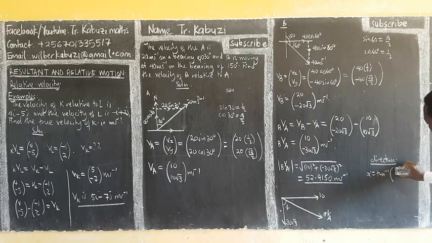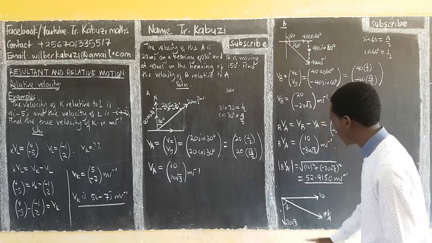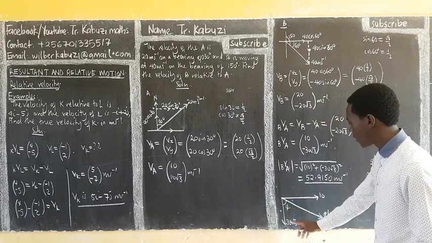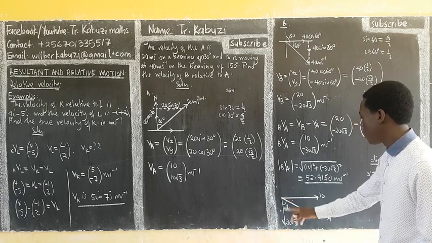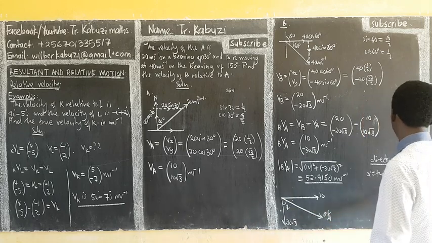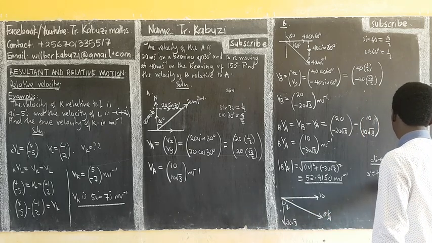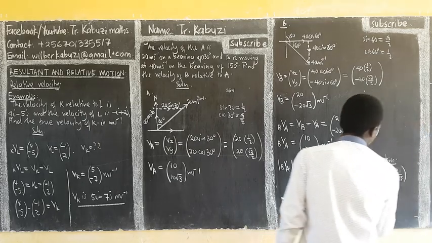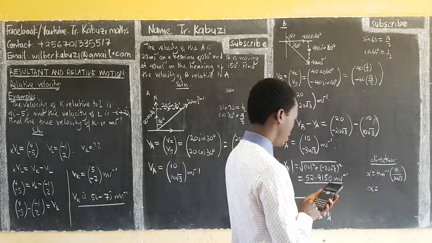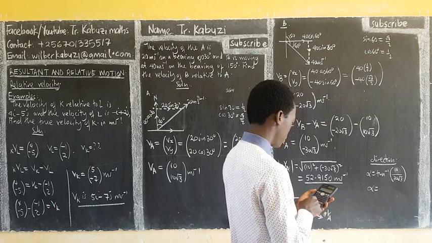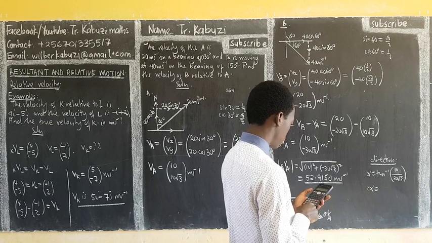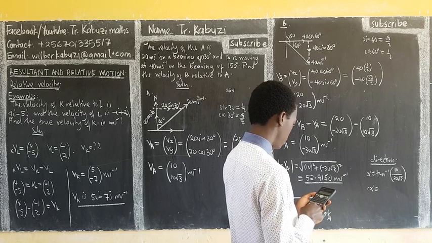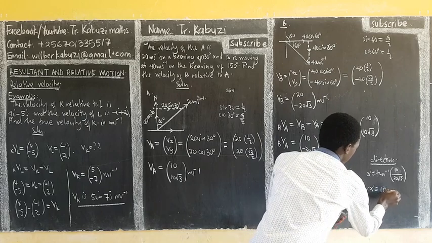Because here we give our angles as the bearing from the north line or the south line, if I want this angle specifically, I get the opposite over the adjacent. My opposite is this, so 10 over 30 root 3, and so my alpha will be 10.89 degrees.